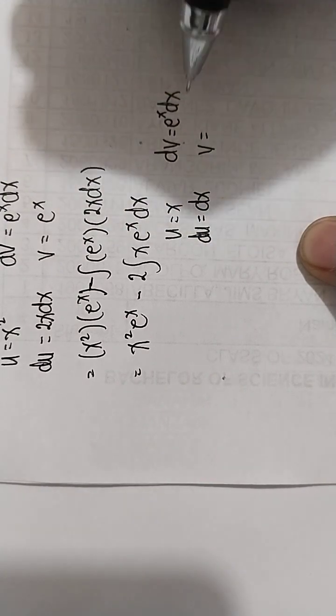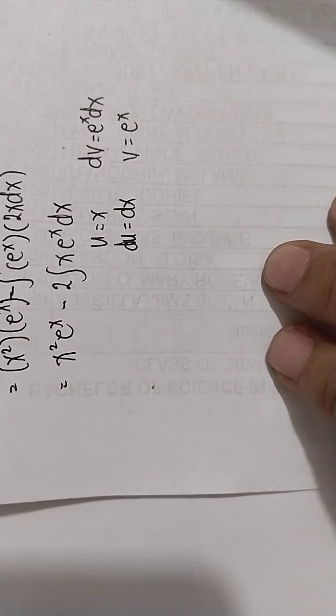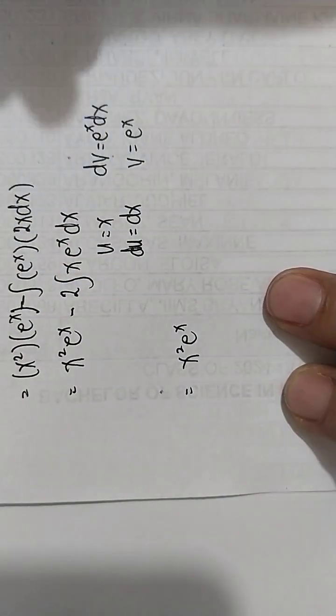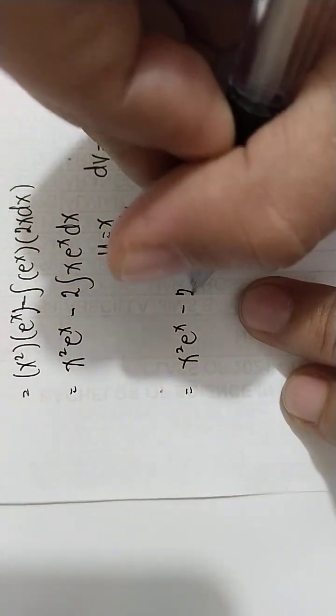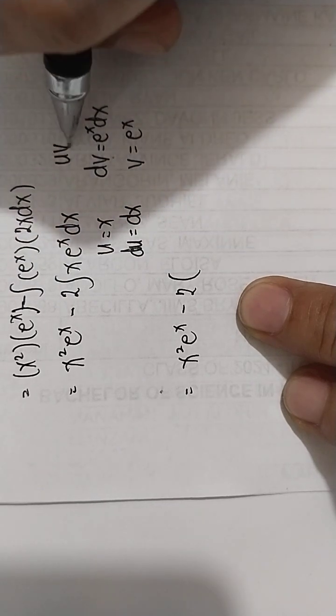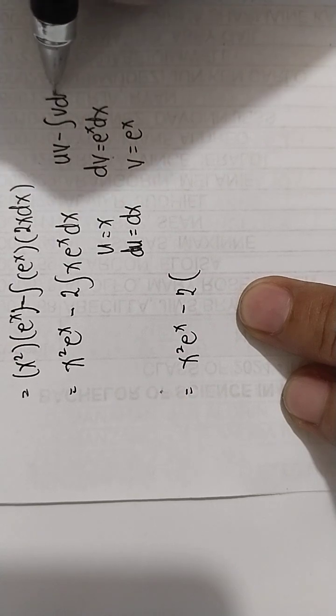Well, this one naman, if you integrate it, the answer will be e raised to x. Now, writing this one, everything should be written. Okay, x squared e raised to x minus 2. This portion should follow the formula of integration by parts, uv minus integral of v du.